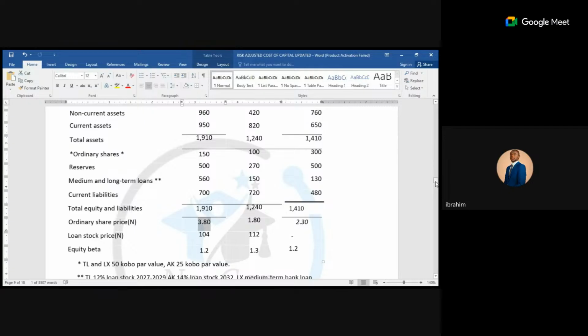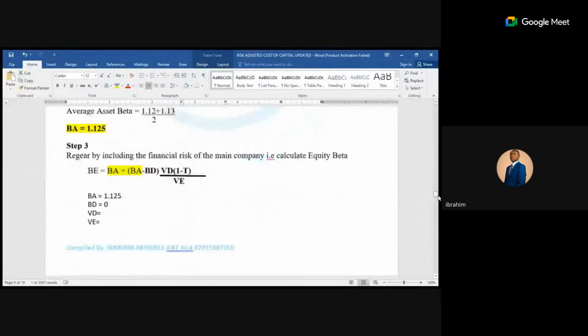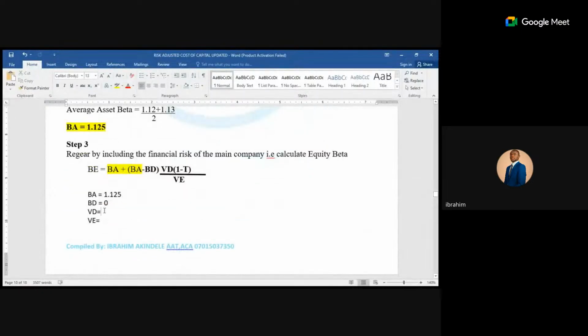So we go there 150. 150 divided by 0.5 times the debt is 560. Okay, his value of equity.